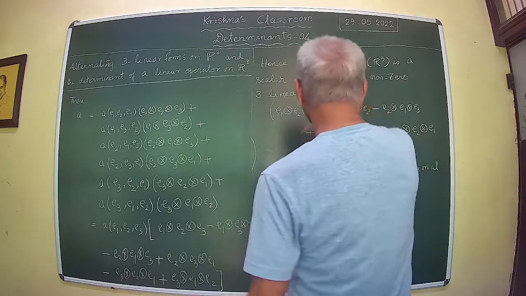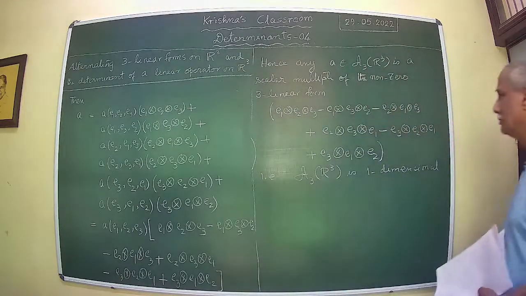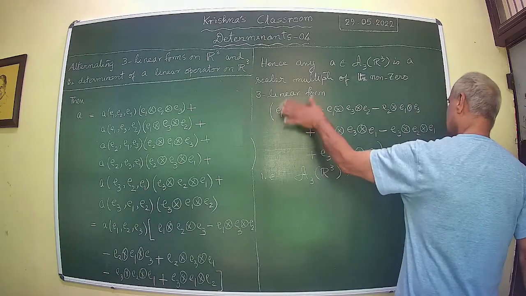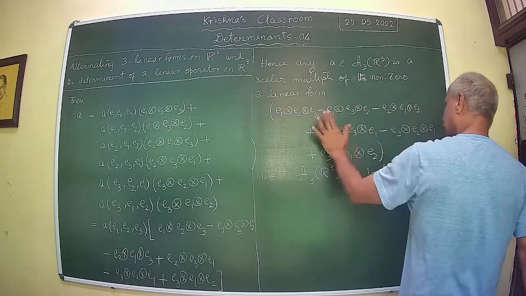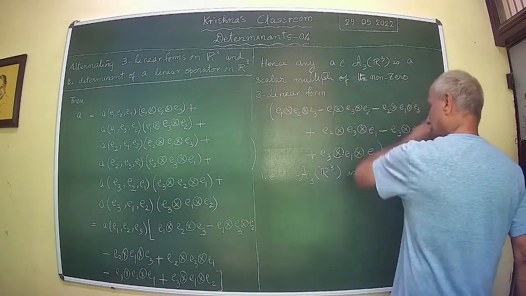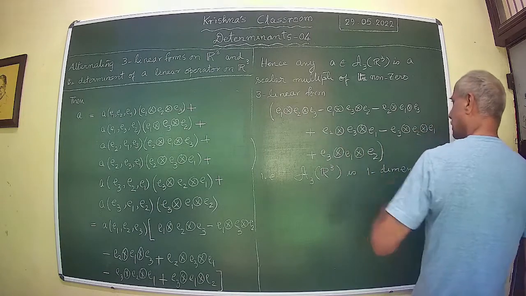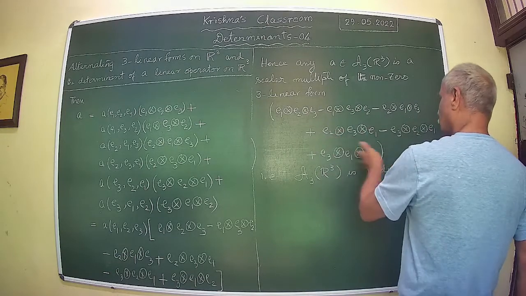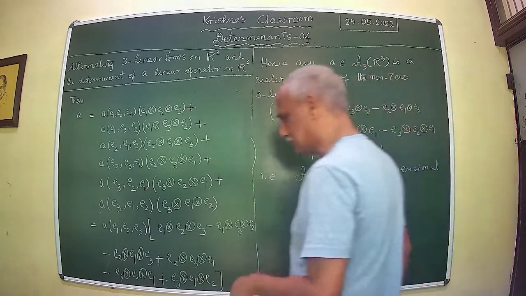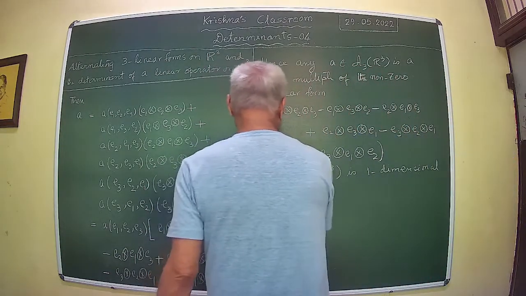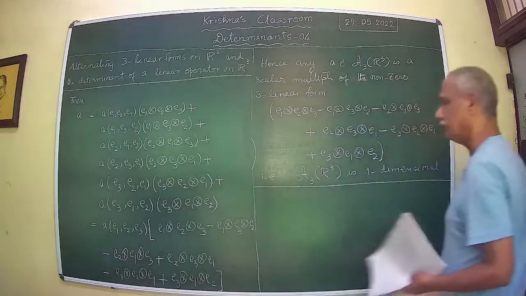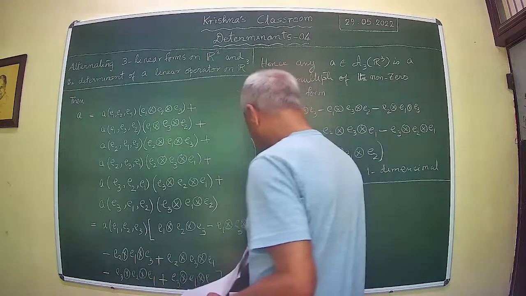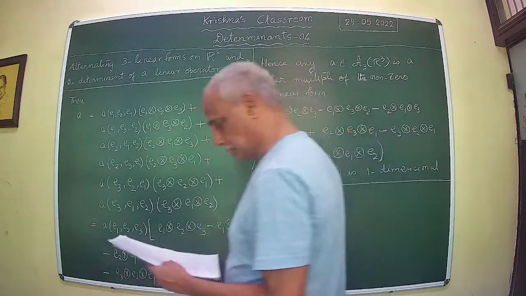Now you see this is non-zero, that is very clear, because if you operate this on E1, E2, E3, all other terms will give you 1 there, and similarly you can work on other places. So certainly it's a non-zero three-linear form. That's a very interesting piece of information. So we have got this space one dimensional.